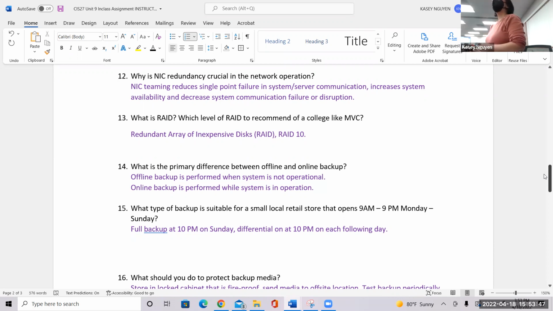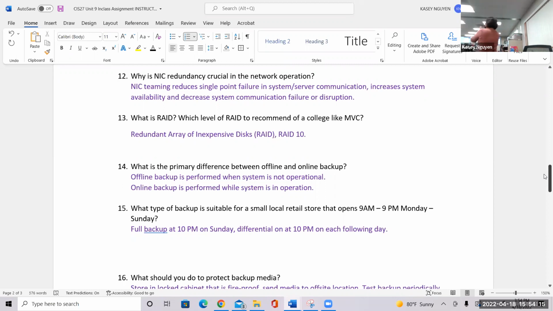So if we want to do an offline backup because they close, we can back up after they close. We can run a full backup the first day of the week, which is Sunday, at 10 p.m. after they close. With that, we would have the first full copy of all the data.